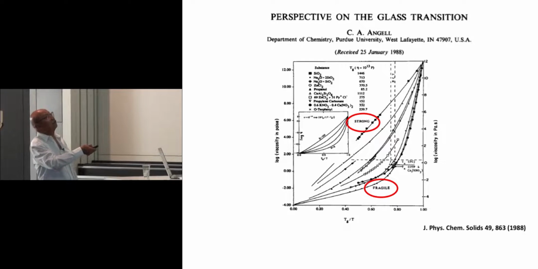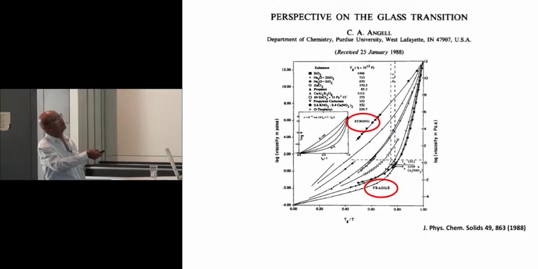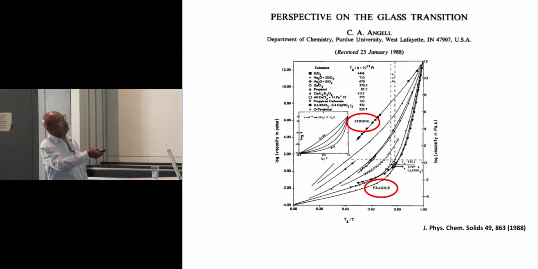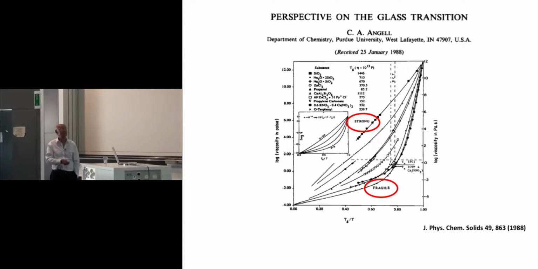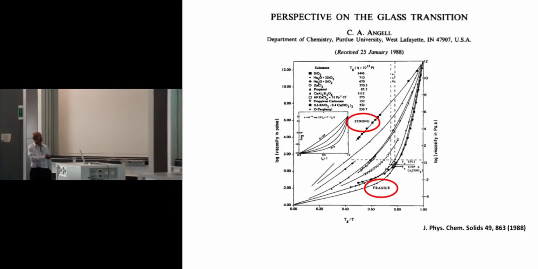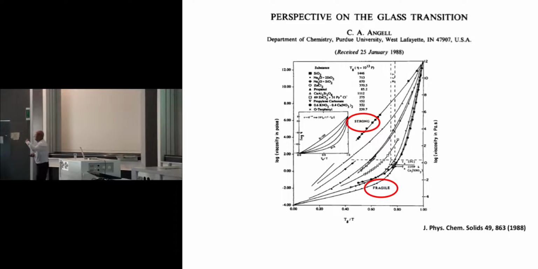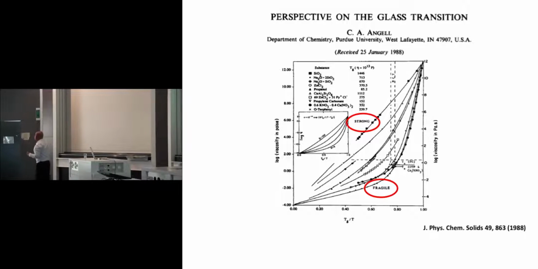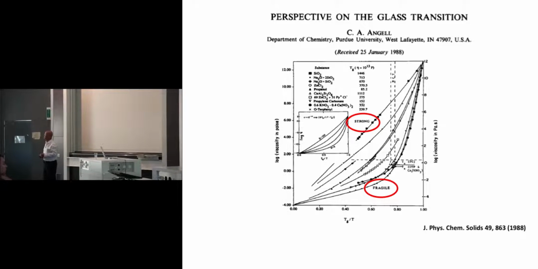But silica, for one, vitreous silica, SiO2, follows these symbols here, and I think some of these other oxides as well follow them up here. So you see a straight line Arrhenius behavior because I'm plotting log here, right? So this is the viscosity as a function of temperature. By the way, this is the temperature to which you quench, you supercool the liquid, not the temperature from which you started your supercooling. So this is the quench temperature.